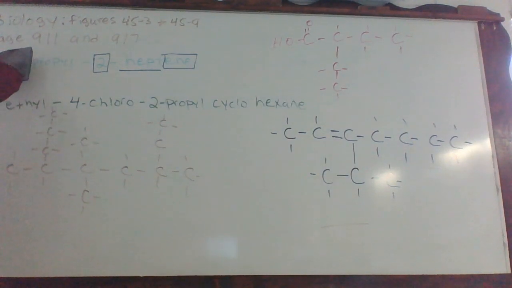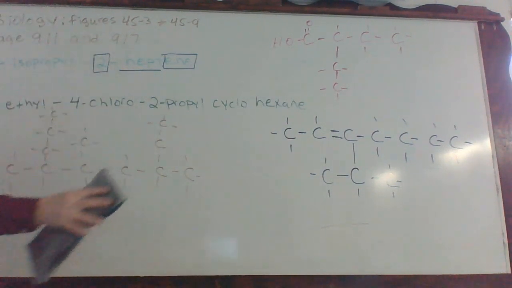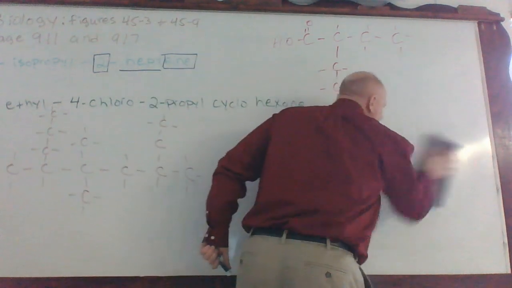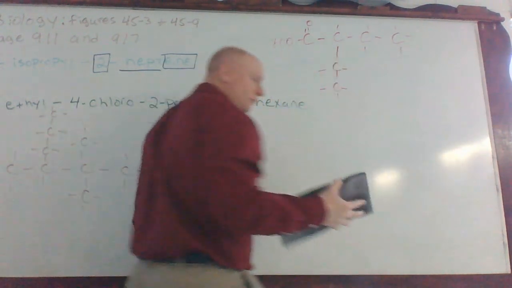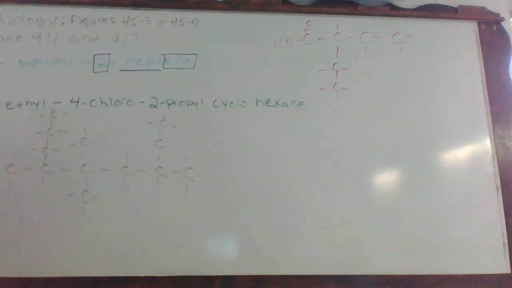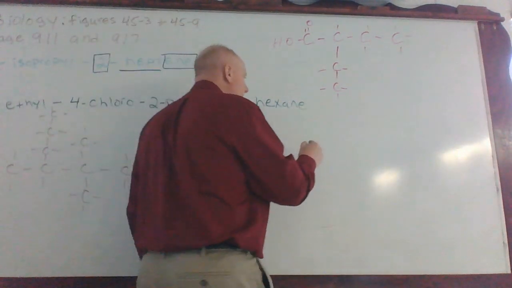Go ahead and erase. I think we'll use this as our workspace over here. So what is significant about this one that's written in green? It's a ring structure with how many sides? Okay.